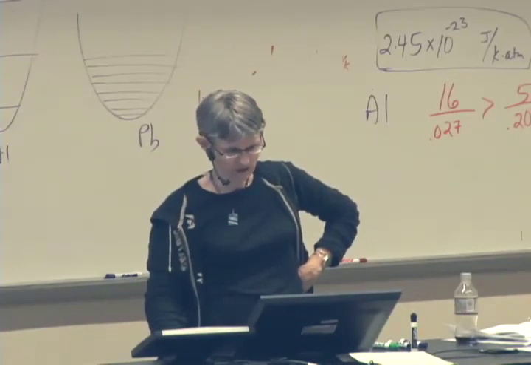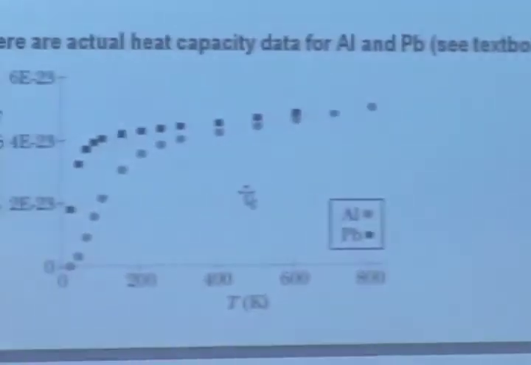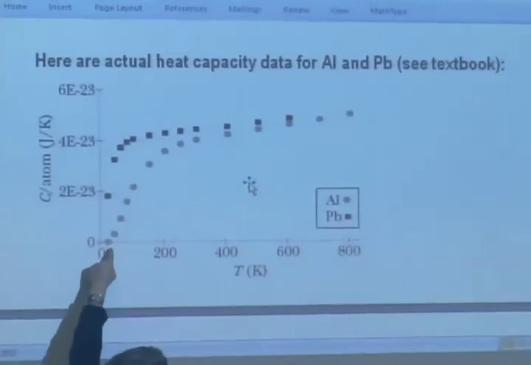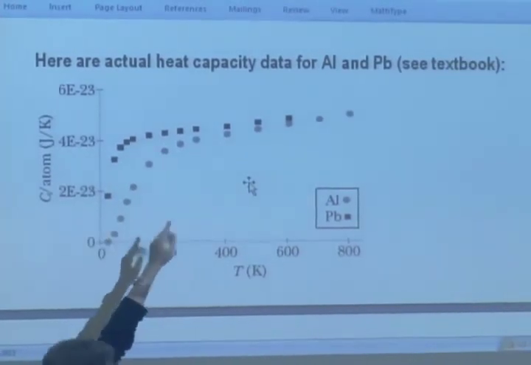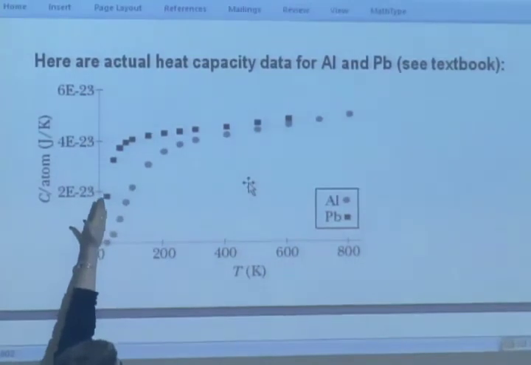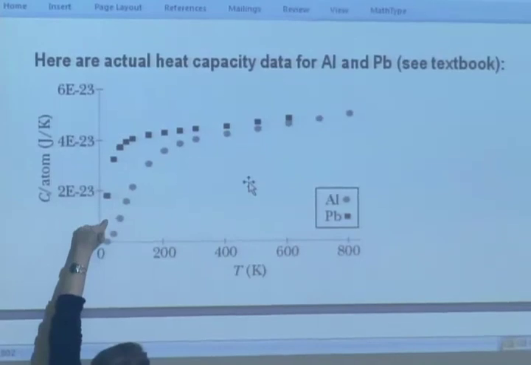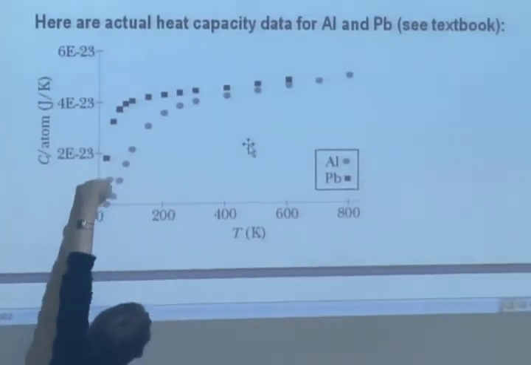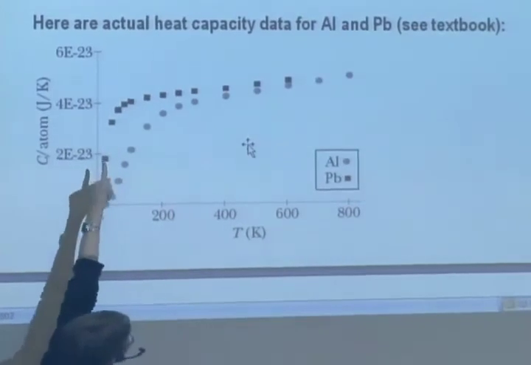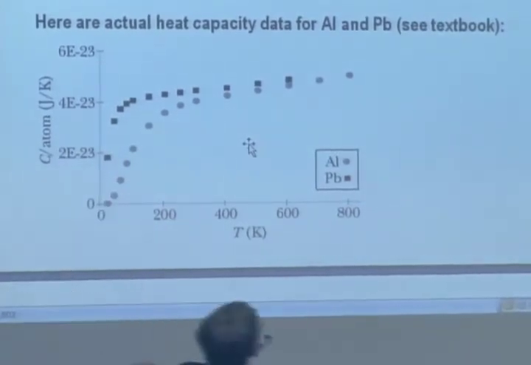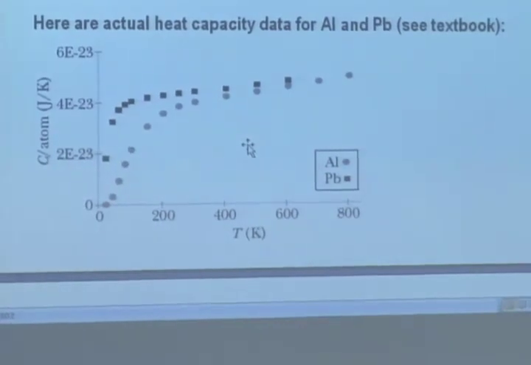Here are these data we just looked at, the same data we were looking at with the VPython program. The gray circles are aluminum. The black dots are lead. We're talking about low temperature here. And so at a low temperature, it's true that the specific heat capacity on a per atom basis is actually bigger for lead. So you could have predicted it.